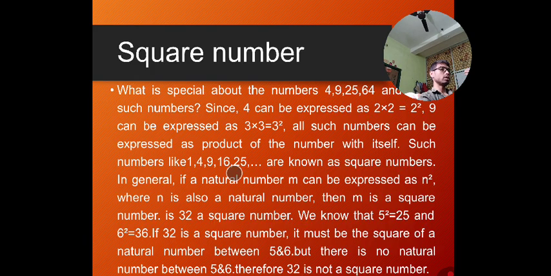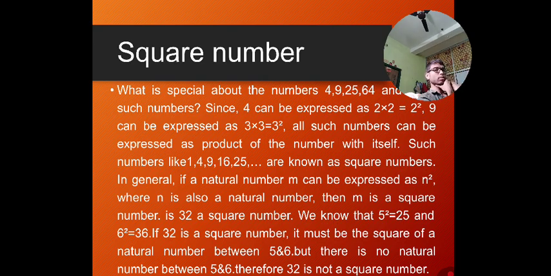A square number is a number which is the product of two equal numbers. When we multiply those numbers, we get our product, a square number.